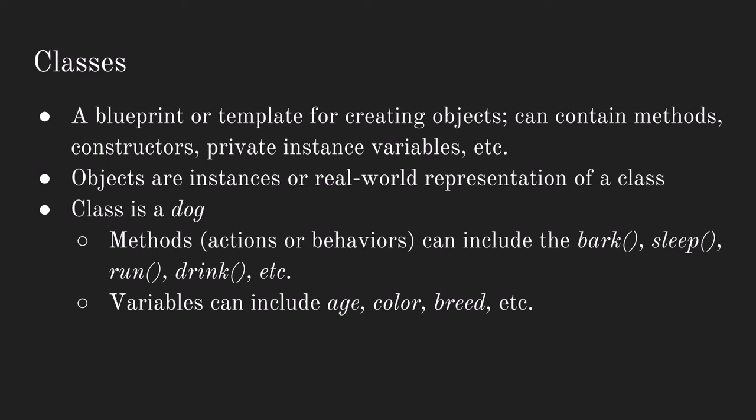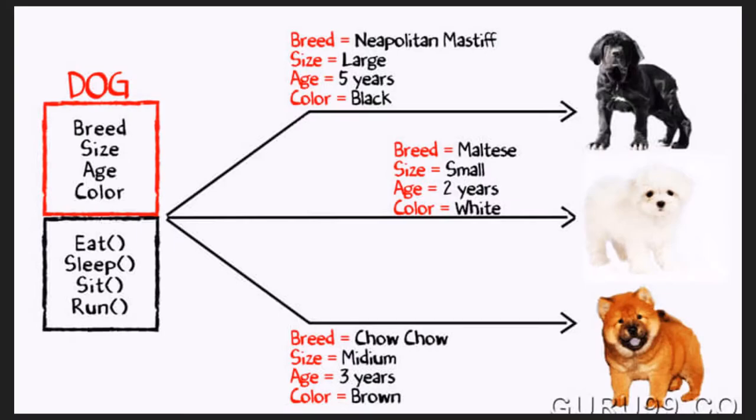And to exemplify this, here is a picture. So we have the class dog, and notice that these are the private instance variables right here: breed, size, age, color. These are the methods: eat, sleep, sit, and run. Whenever you invoke one of these methods, the dog is essentially going to act out these methods or perform these behaviors.